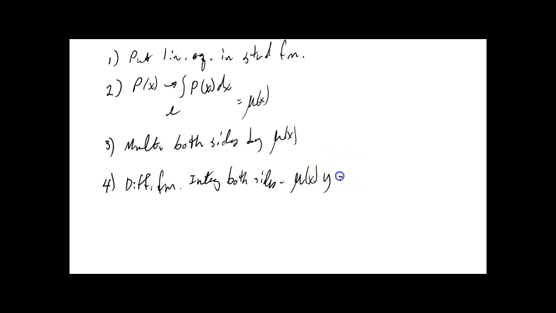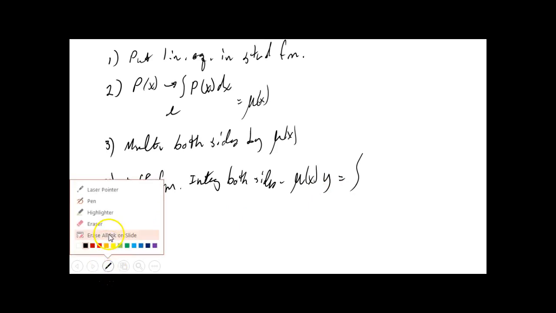And on the right-hand side, it'll be some integral, evaluate the integral, okay? That's what you do. Solve for y by dividing by the mu of x, okay? A lot of blah, blah, blah on the words of it. A little bit easier to do it in practice. So let's take a look and do example 1, okay?